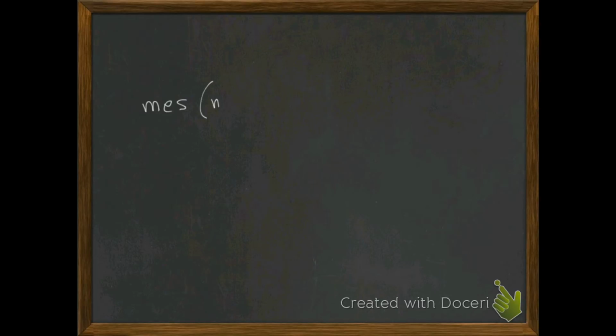The mean for group 1, the mean for group 2, the standard deviation for group 1, the standard deviation for group 2, the sample size for group 1, and the sample size for group 2. So it's really easy to remember what goes in there.